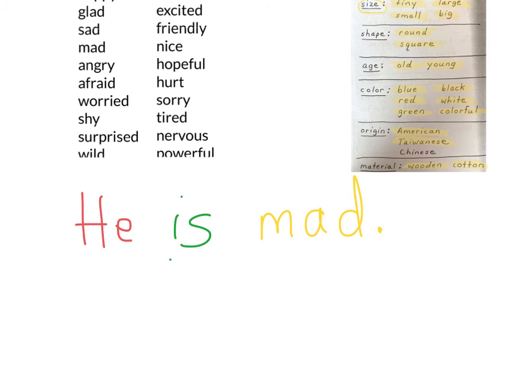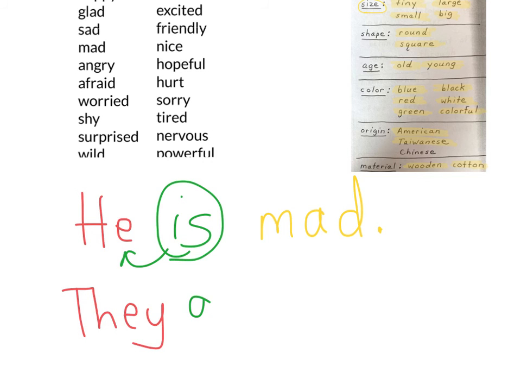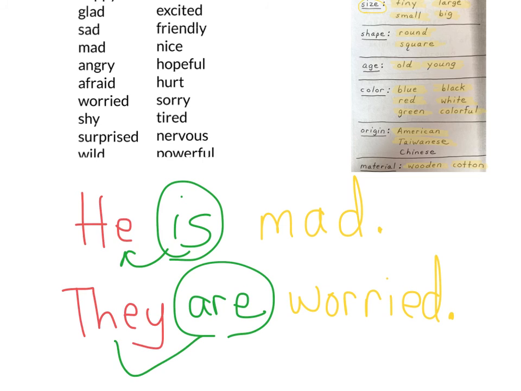I use he is because he is just one person. I could say they are worried. And I use are because they is more than one person.